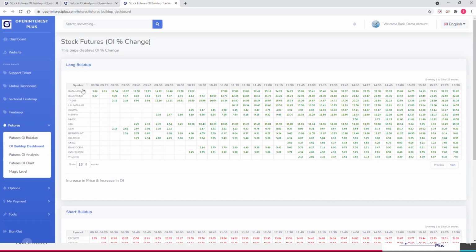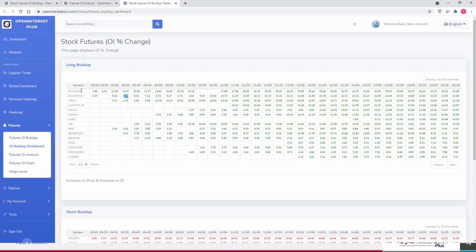For example, Bata India was featuring here, and when the market opened around 9:20, the OI percentage change was at 3.86. Then by 9:25 it was 6. Then immediately from 6 it jumped to 12, 13, and so on. In the same way, Balakrishna Industry had an OI percentage of 5.37. Then by 9:30 it was 9.70.